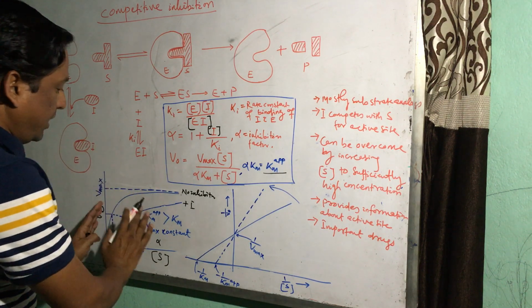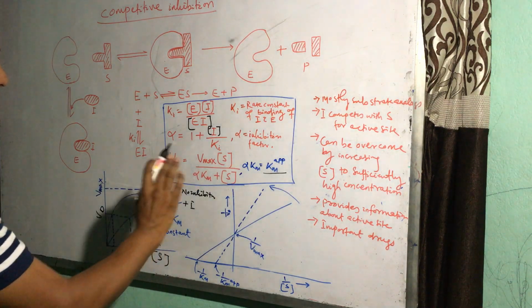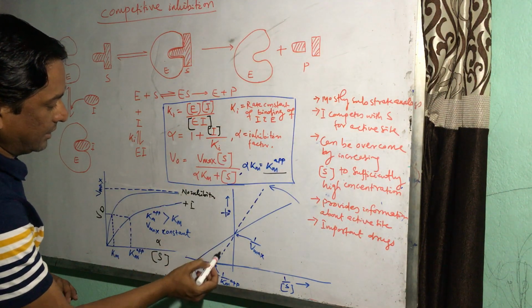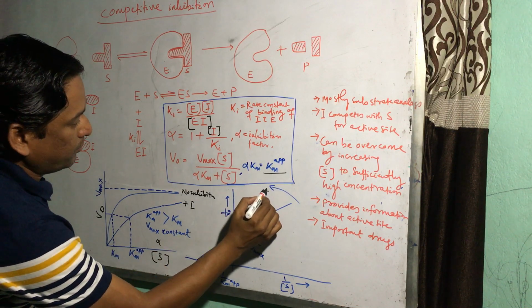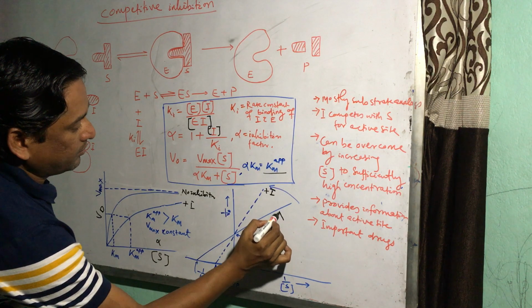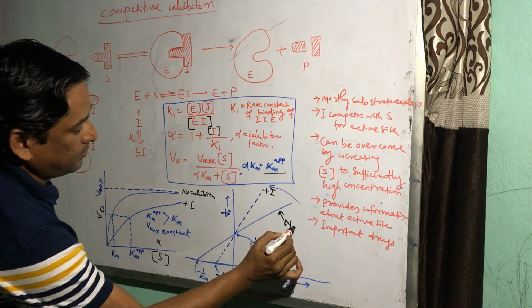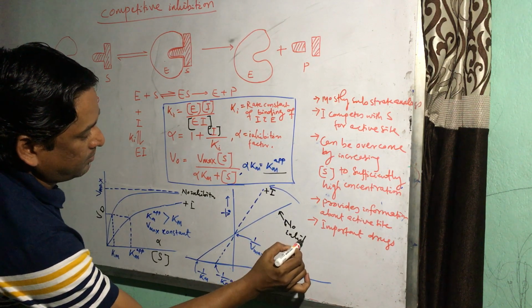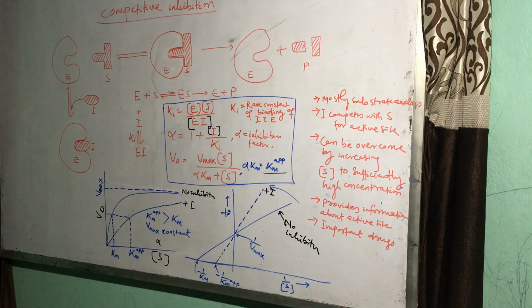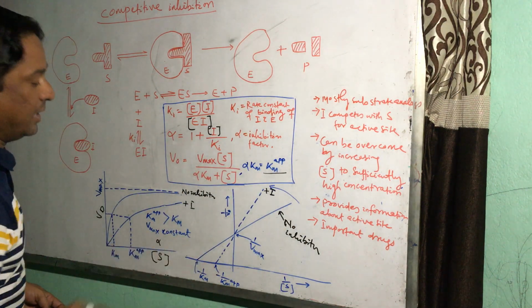The same thing, if we plot in a Lineweaver-Burk plot, we will get a line like this. This is in the presence of inhibitor and this is no inhibitor. Why does this happen? Because here only Km increases.